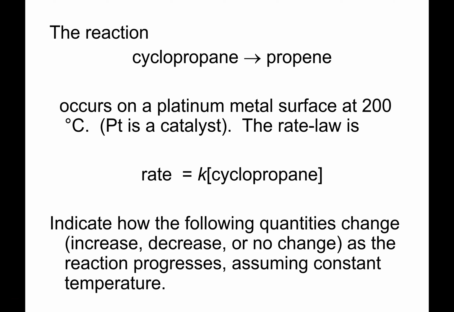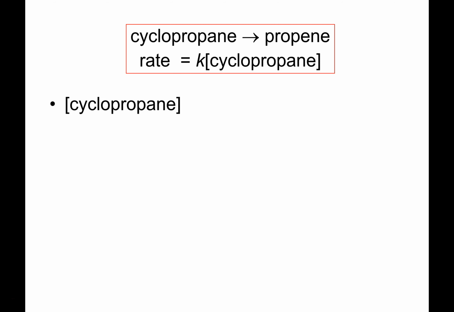Each question is, as time progresses, what happens to each of these? This is assuming that your temperature is held constant. So Daniel, for instance, what happens to the molar concentration of the reactant as time progresses? Your choices are increase, decrease, or stays the same?